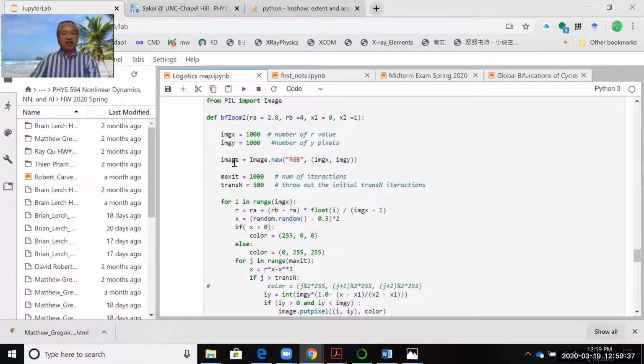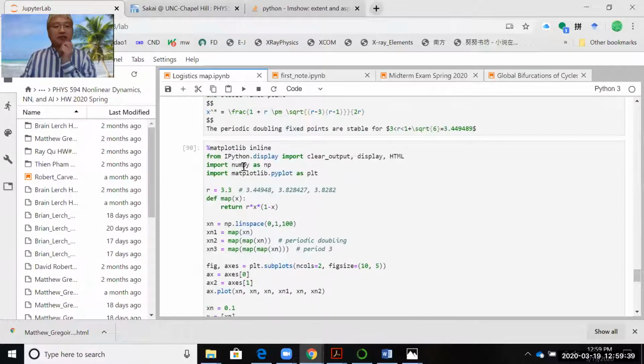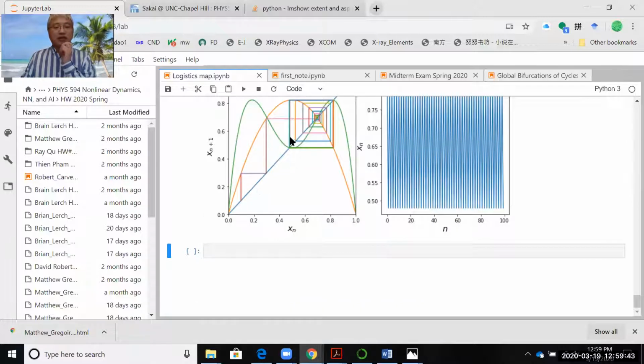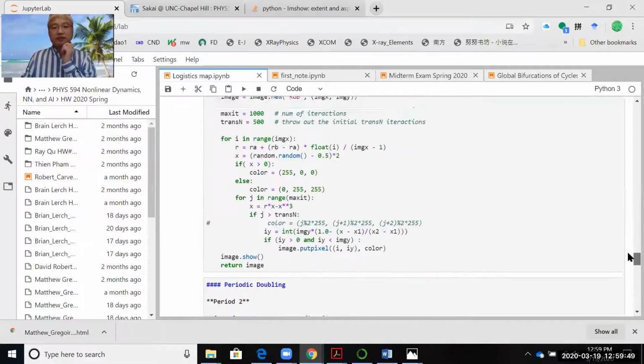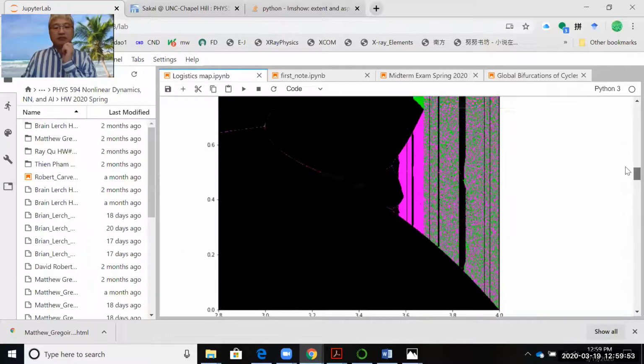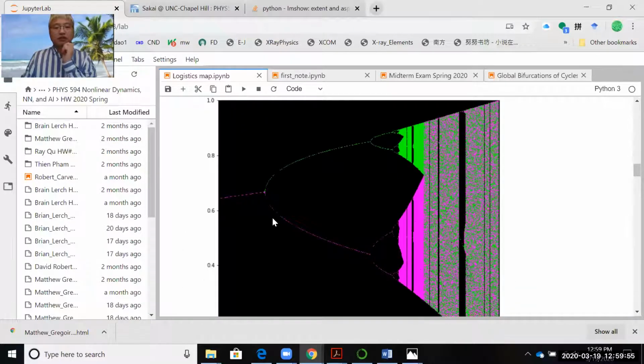So say now I do r equals 3, and I develop two new fixed points, and if we look at that bifurcation diagram, the orbit diagram, this whole thing will bifurcate again at another value, from period 2 to period 4.